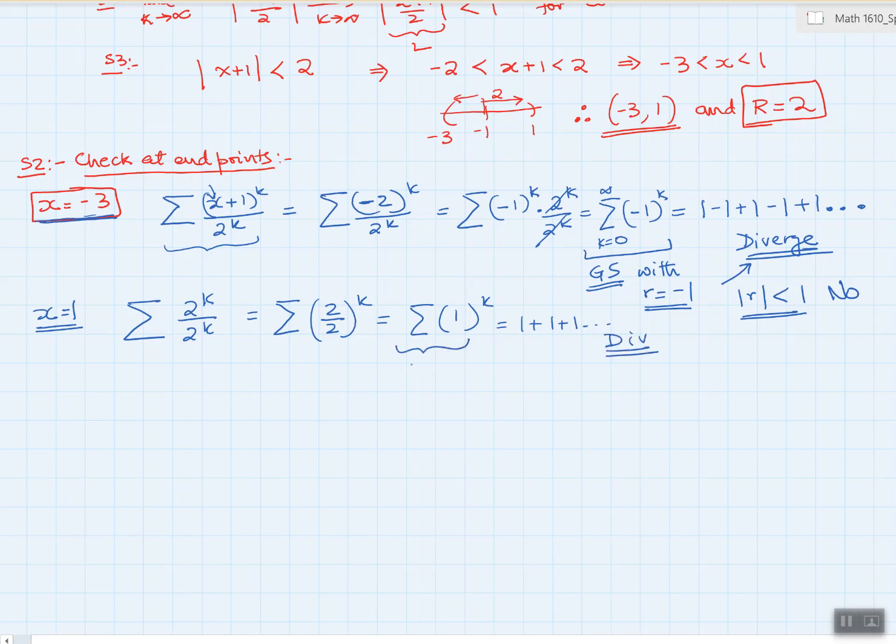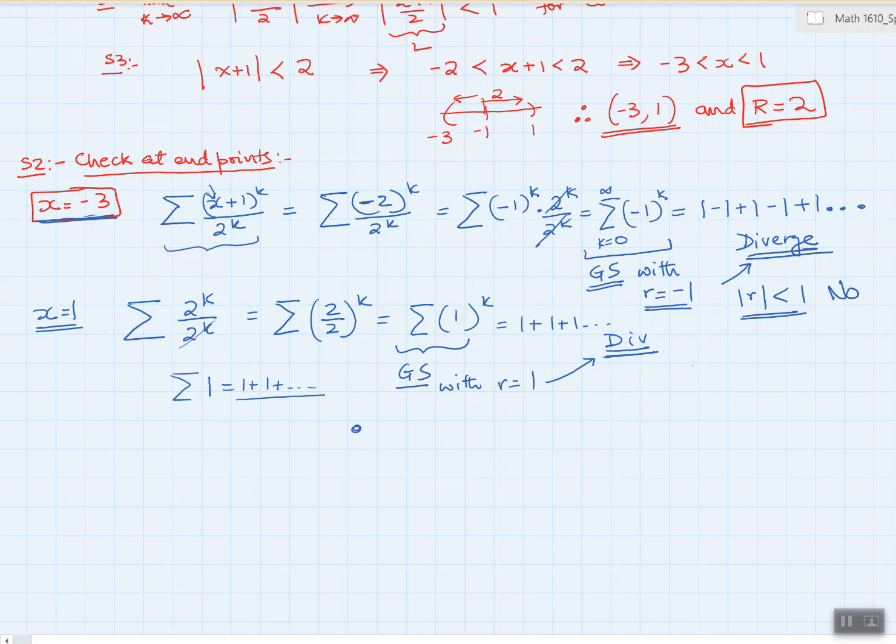Or you can think of this as a geometric series with r as 1. So again it diverges. Even if you had cancelled it here, you would have gotten the summation of 1. Summation of 1 means 1 plus 1 plus 1, which clearly diverges, adds up to infinity. So you have divergence here also.